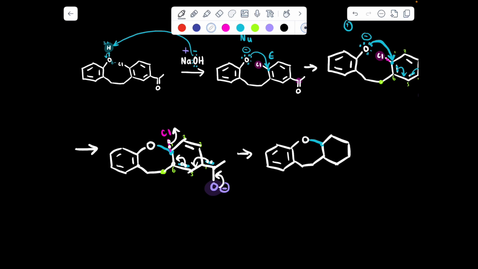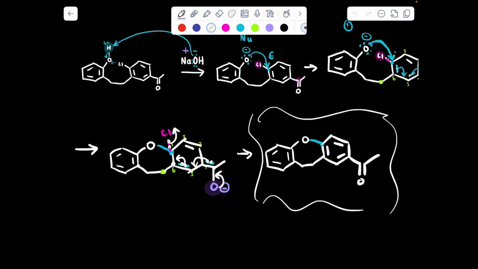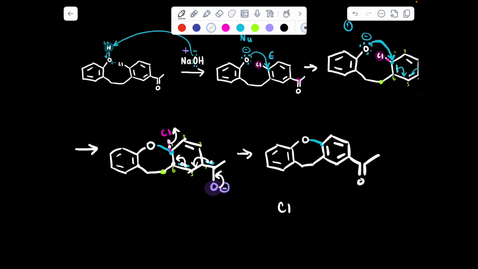So now there's a head of an arrow. And then the pi bond in between atoms 2 and 3 did not change. Right there, and right there. That one didn't move. And then redraw in your carbonyl group. This would be your final product. And then you have your chlorine minus.